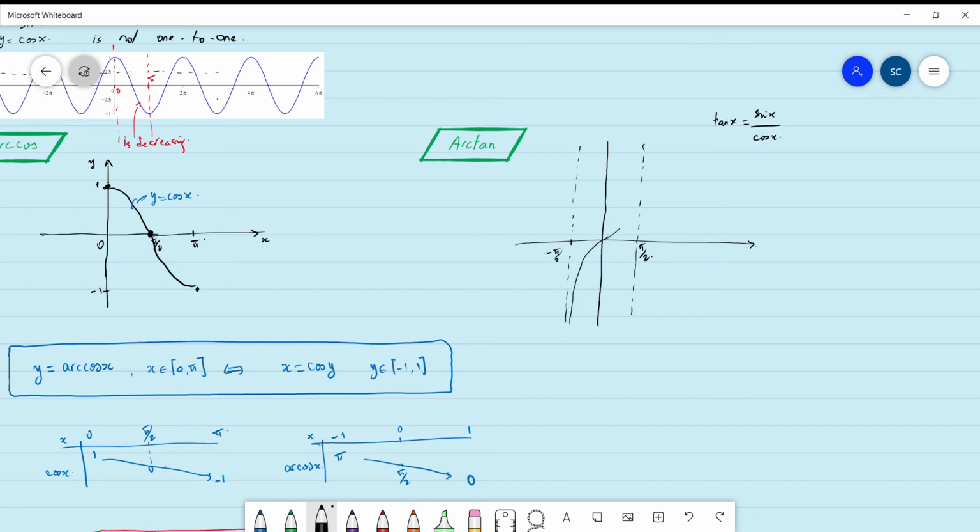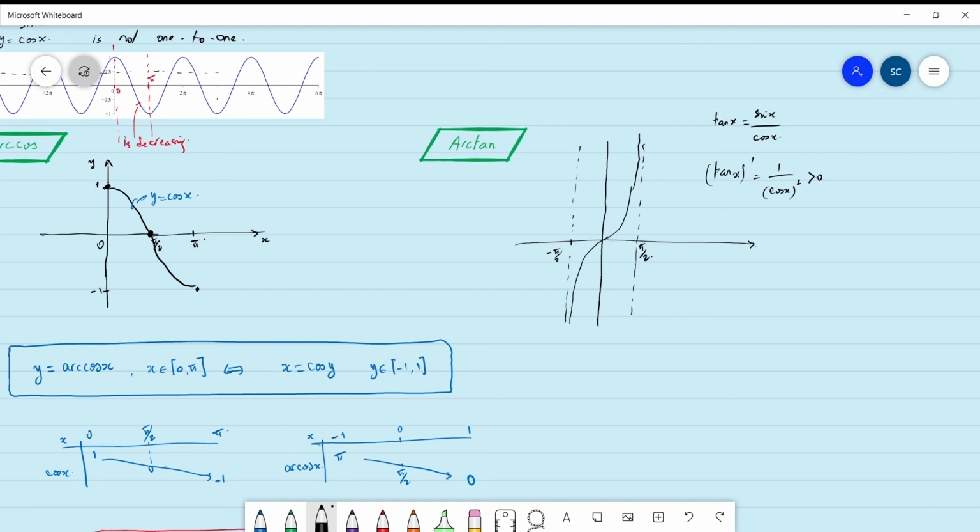The tangent function behaves like x cubed, and so it is an increasing function. We know also its derivative: the derivative of the tangent function is 1 over cosine x squared, which is positive, so it is increasing over this interval.